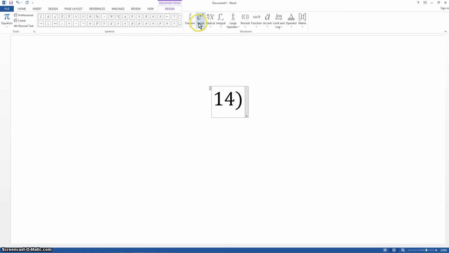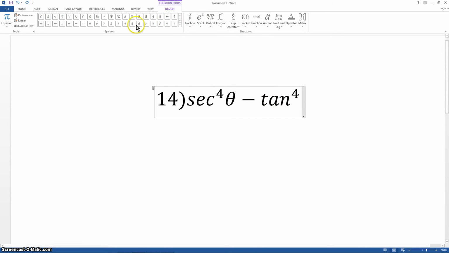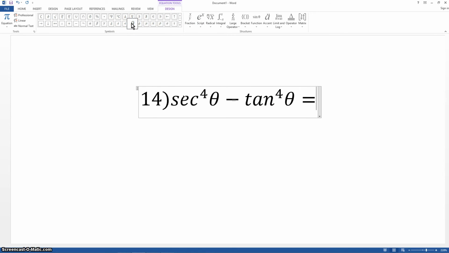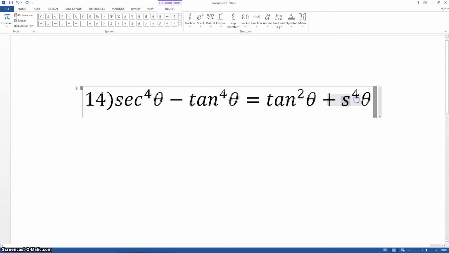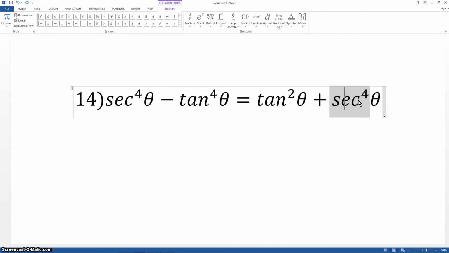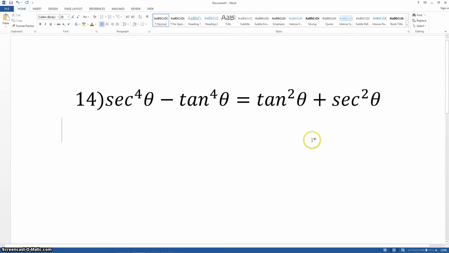So we have secant to the 4th of theta minus tangent to the fourth of theta equals tangent squared of theta plus secant squared of theta.